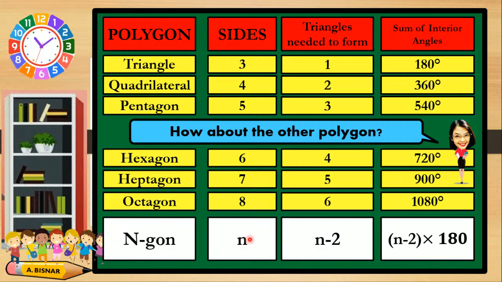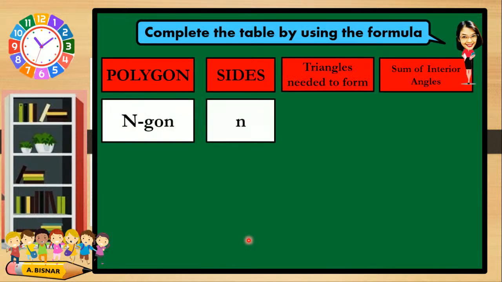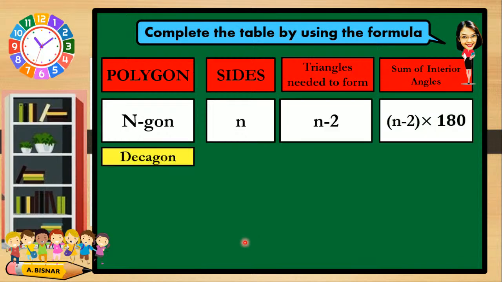So, let's try to use that in here. So, we will use the formula. Decagon. Decagon has 10 sides. So, find the 2 remaining info that we need to find out.